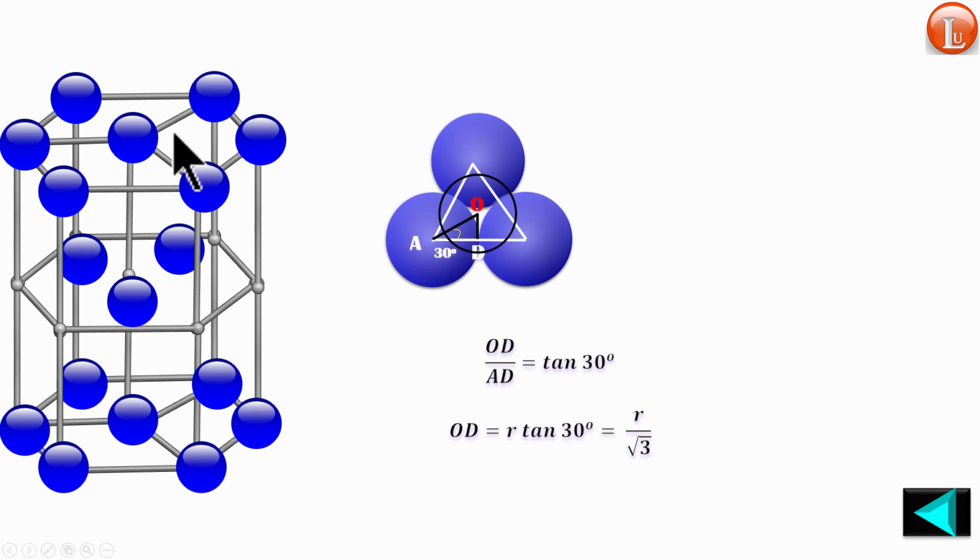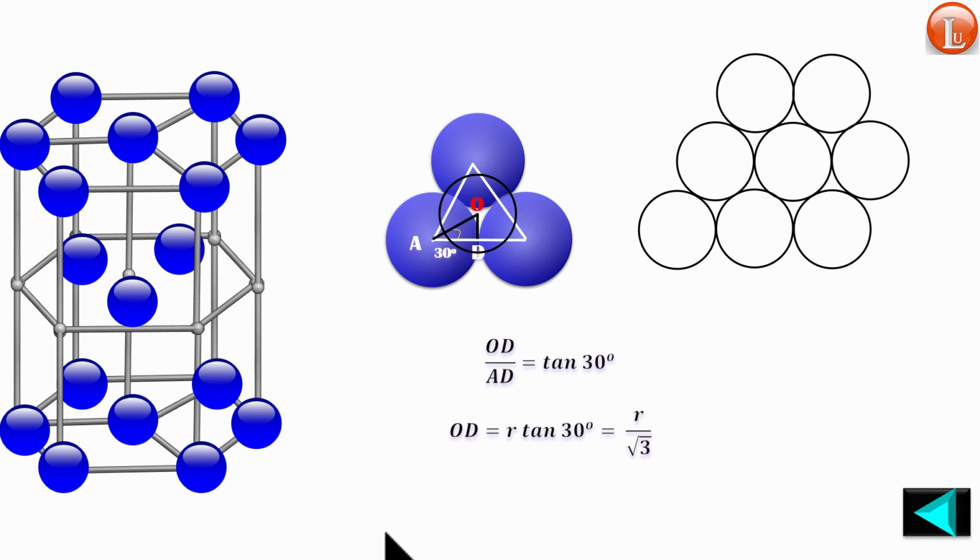And the unit cell, this particular rhombus shape that we saw, I'm going to show you in 2D. This is A layer. These are some of the atoms of B layer. And the rhombus is formed by joining these.